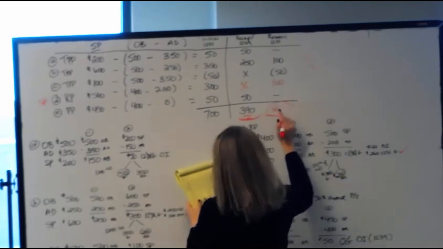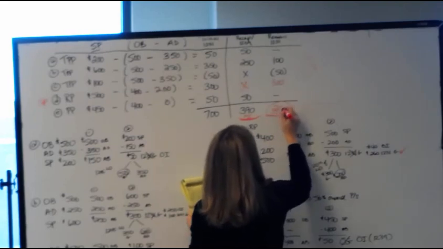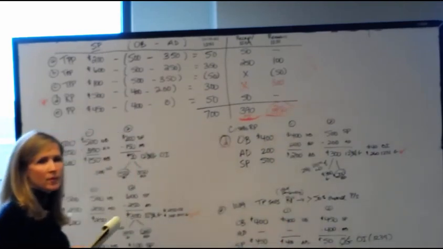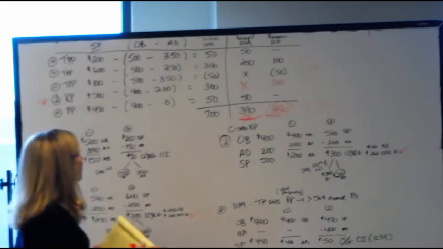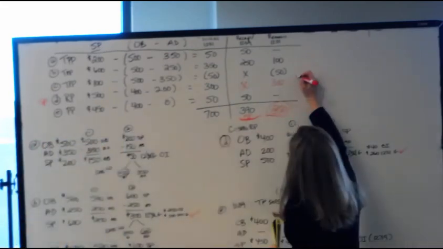And my overall net 1231 gain would be $350. And again, because my gains are bigger than my losses, everything is treated as capital. Now is when I would go back in and reconsider unrecaptured 1250.